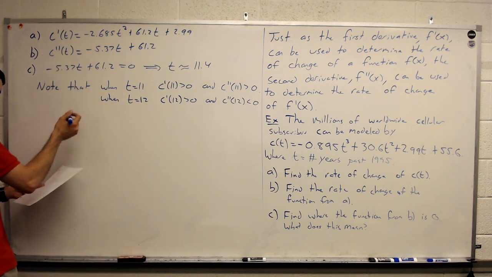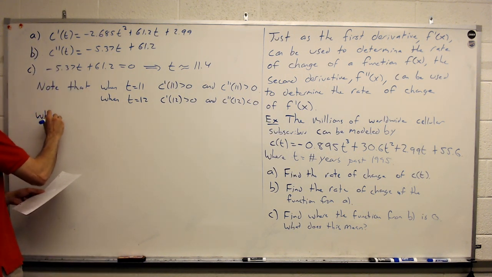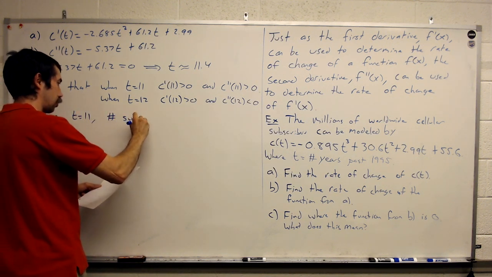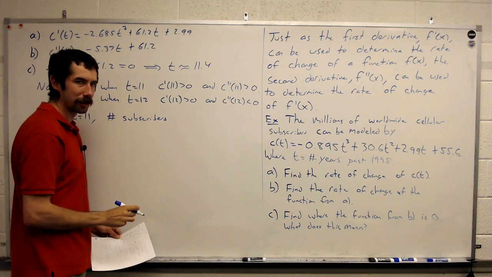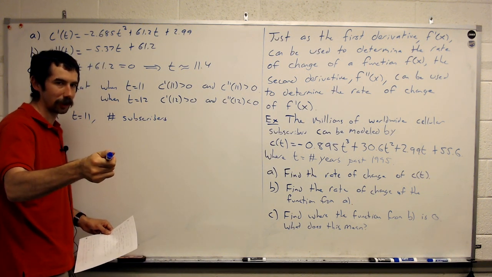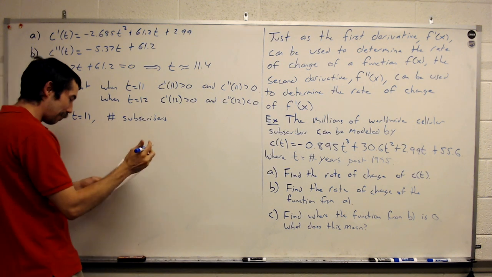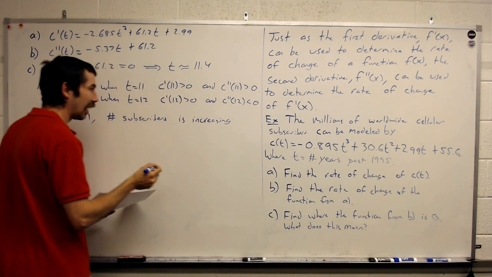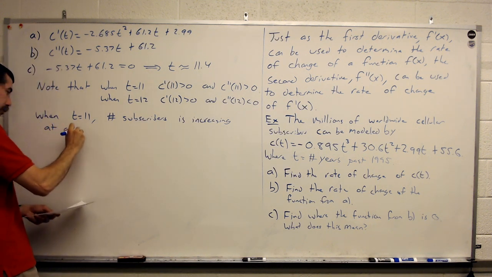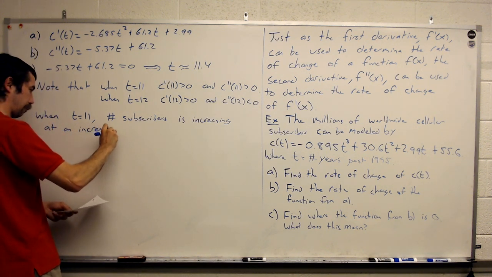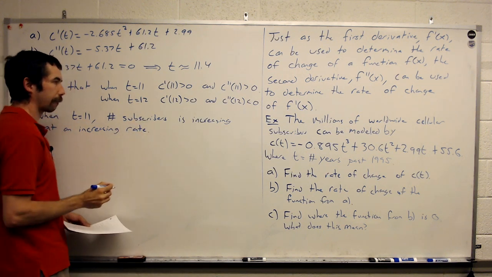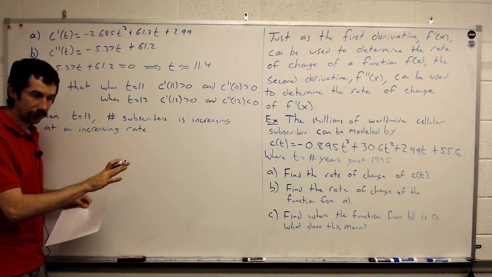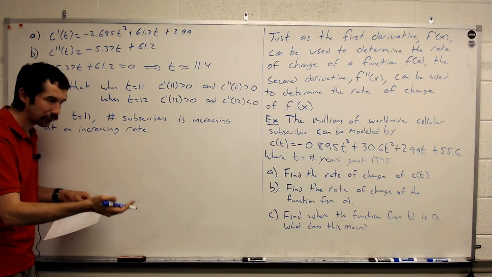So how we interpret this is when t equals 11, the number of subscribers is increasing at an increasing rate. The derivative is positive, so it's increasing. And the second derivative is positive, so the first derivative is increasing at an increasing rate.